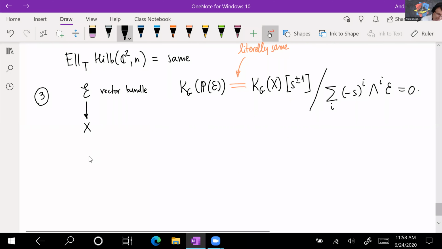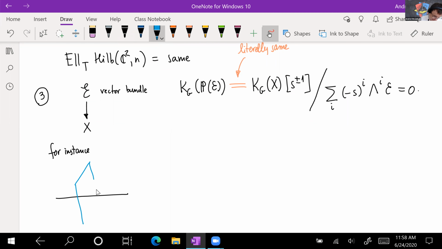Okay. For instance, we can take, so this is useful. For instance, consider we have this vector bundle E. This is my X. Here sits my E. And we can compactify it by adding the projective space at infinity.